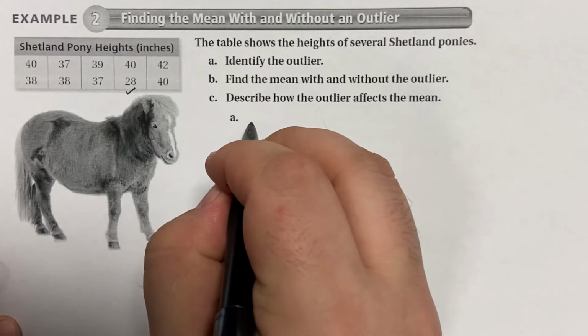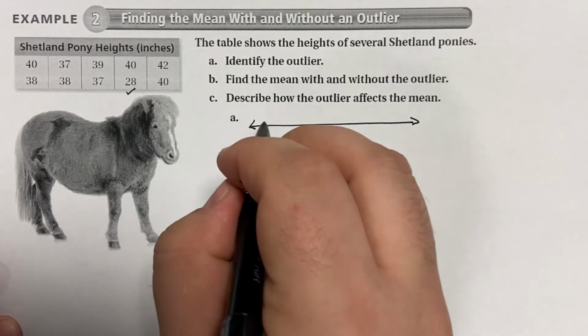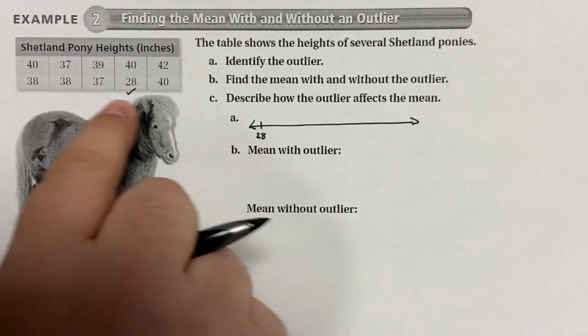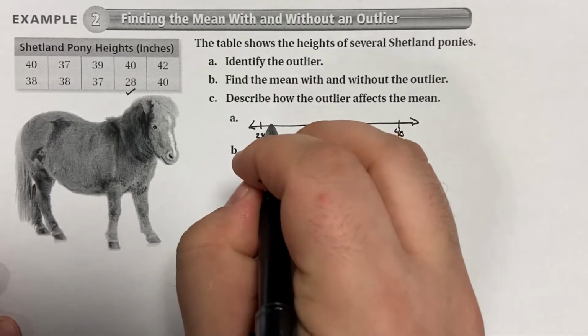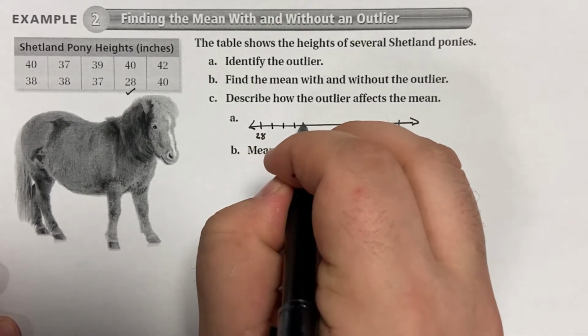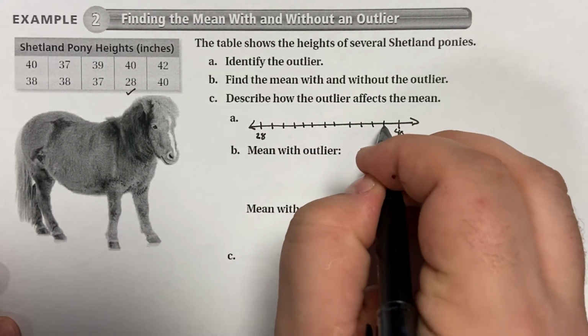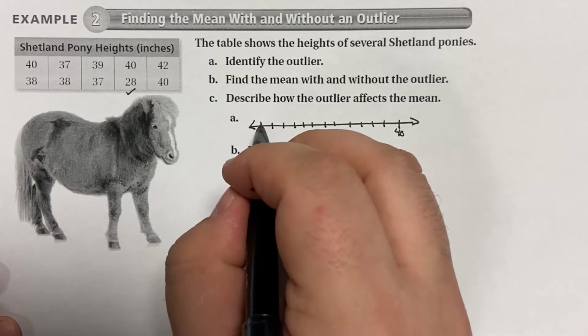Now, what I'm actually going to do to figure this out is I'm going to go over here to 28. My highest number, I believe, was 40. So here's all my numbers. 28 right here.